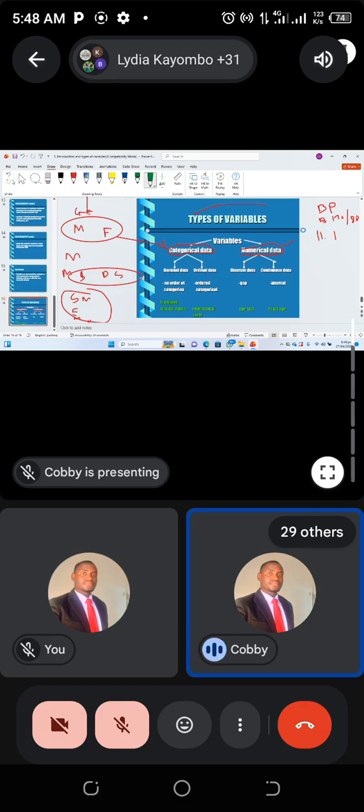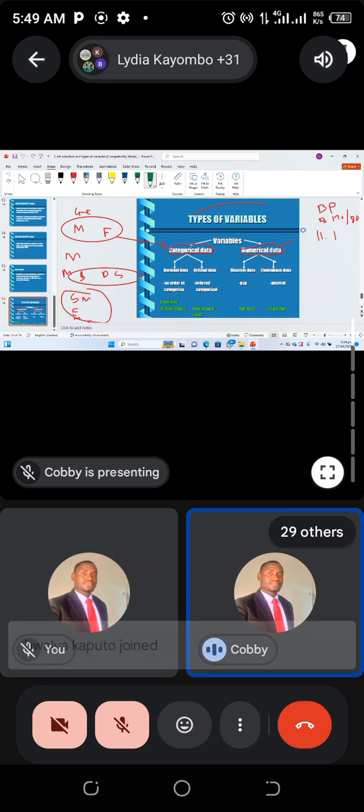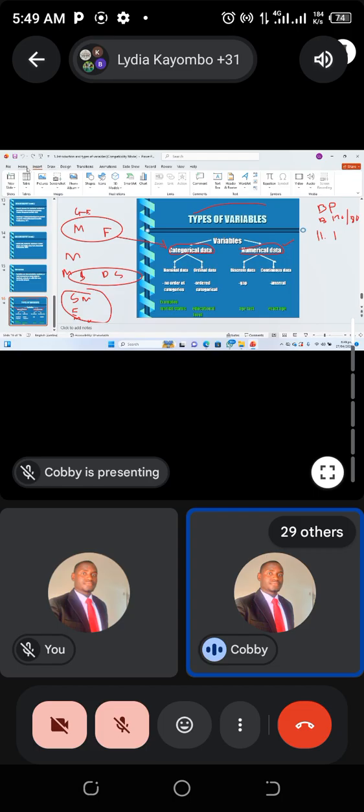So these variables can be further grouped. When it comes to categorical variables, we have nominal and ordinal variables. This depends on whether we can arrange the categories in a certain order or not.